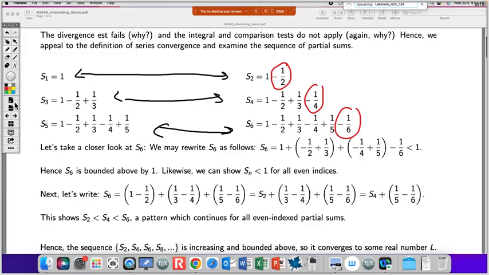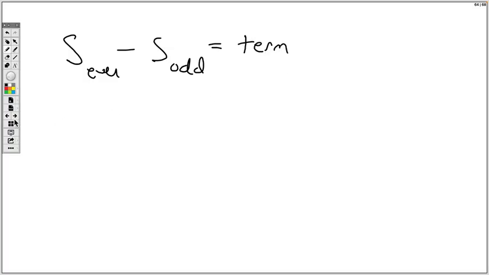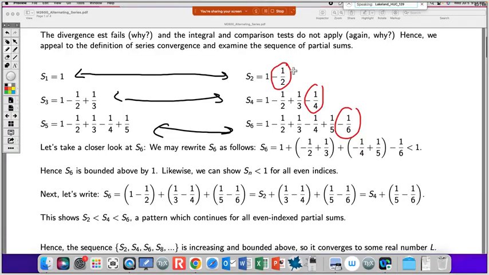So once again, we've got this little situation where if I look at the difference between the even and the odd, I should say the adjacent ones, you just get that term. But these terms are going where?